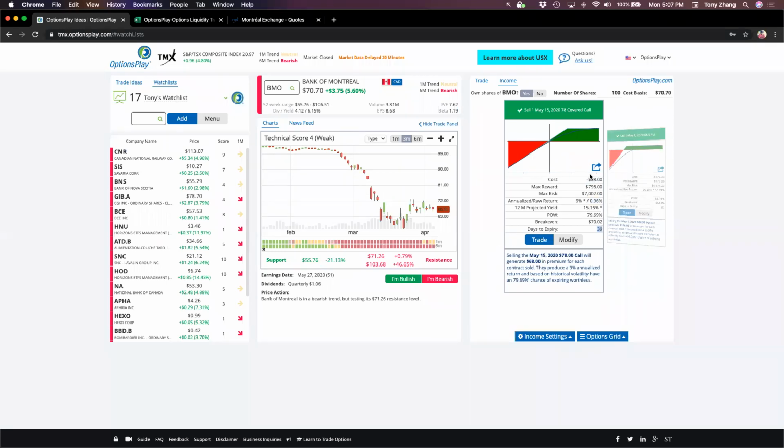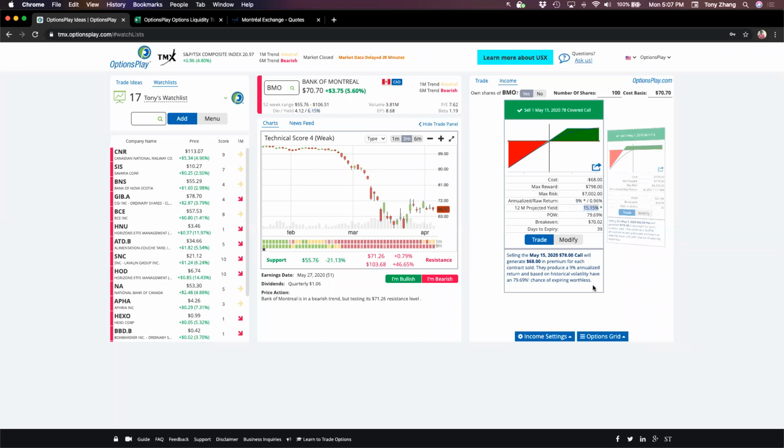Now, you might be thinking to yourself, 68 bucks doesn't sound like a lot, but this annualizes out to 9% on a stock that pays a very nice 6.1% dividend yield in this current market environment. Now, it's only paying a 6% dividend because the stock has taken such a large move to the downside, but still, you're getting 6% yield on the dividend, 9% on the covered call.